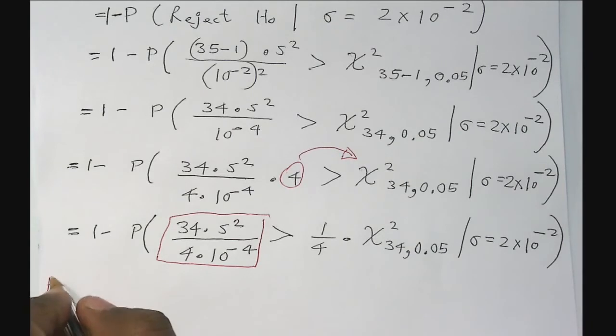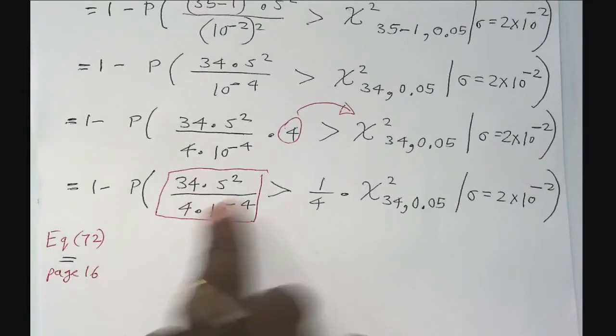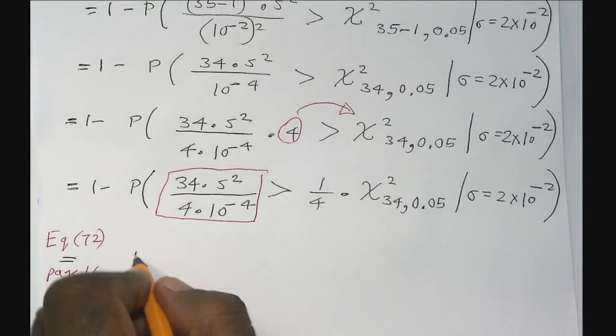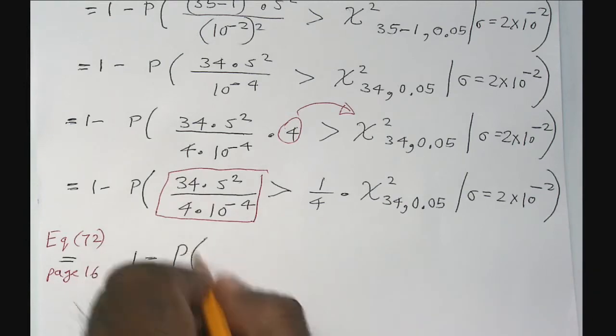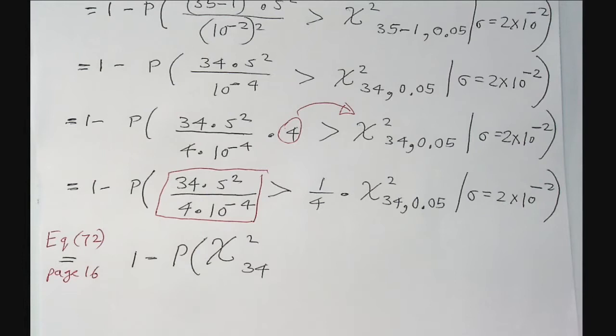If you look at equation 72 on page 16, it says that n minus 1 times s squared divided by the true variance has a chi-square distribution with n minus 1 degrees of freedom. So this here follows a chi-square distribution with 34 degrees of freedom, right?